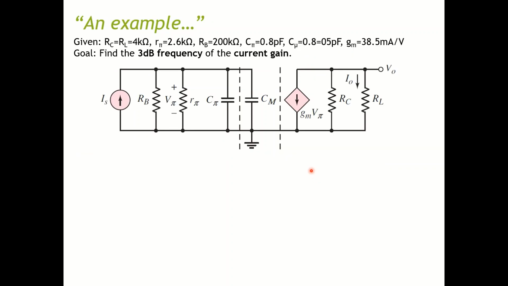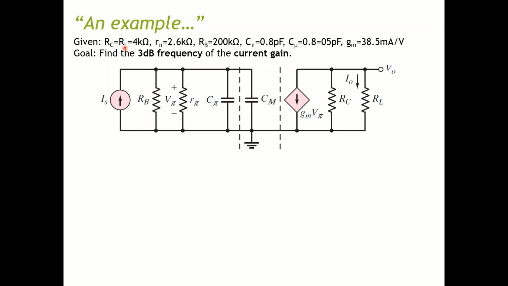So let's go through one example together. For the previous circuit, I give you RC equal to RL equal to 4 kilohms, R pi equal to 2.6 kilohms, RB equal to 200 kilohms, C pi equal to 0.8 picofarad, and the internal C mu equal to 0.05 picofarad, with gm equal to 38.5 milliampere per volt.